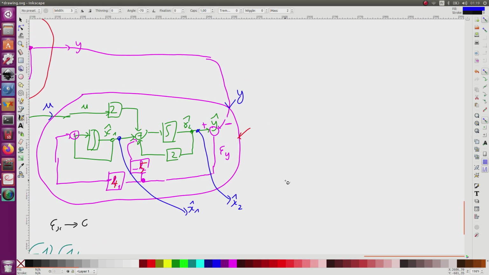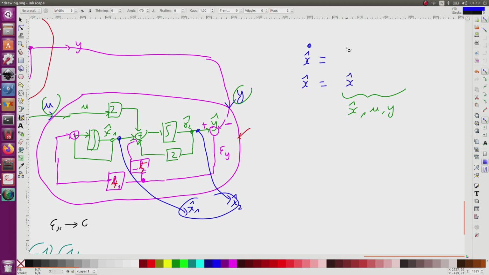So the expression of this system is the derivative of x hat, and the output is x hat. Here I am only allowed to put the state itself, x hat, and also the inputs, u and y. So it is what I have to do. The second line is easy: the output is x hat equal to x hat.